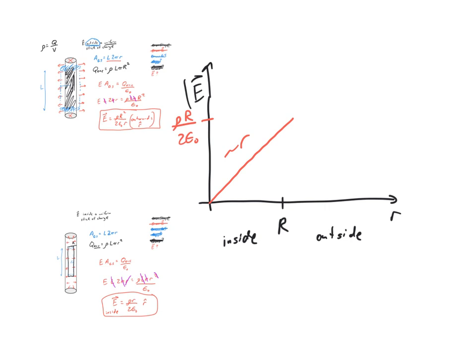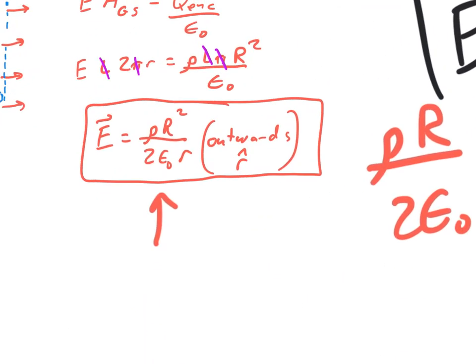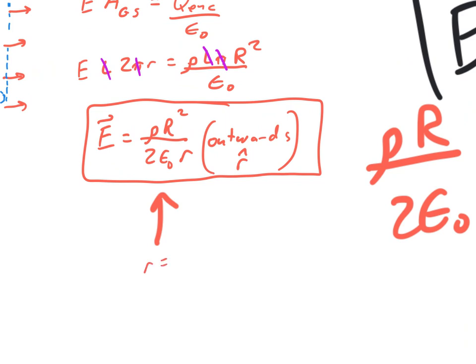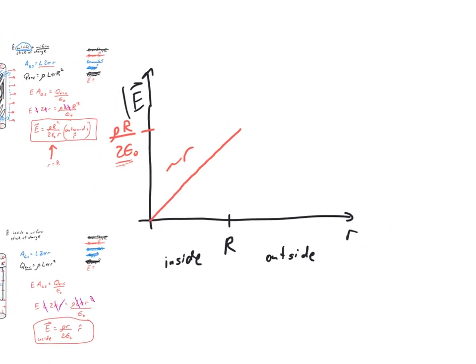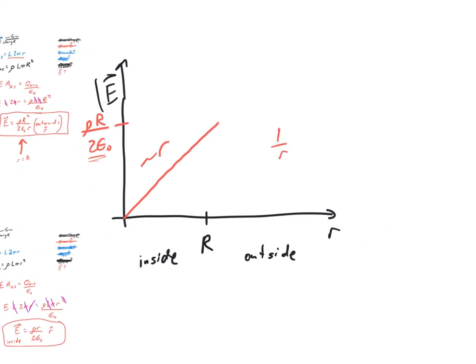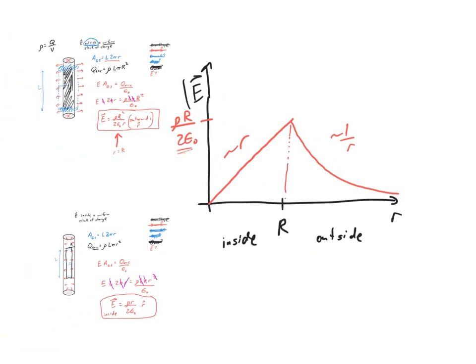Outside, it also goes to the same rho R over 2 epsilon naught. If you plug in r equal to capital R, then one order of R cancels, and you end up with this exact same thing. Except for outside, you have a 1 over r relationship. Okay, and there we have it, the electric field inside and outside of a stick of charge. Done and done.